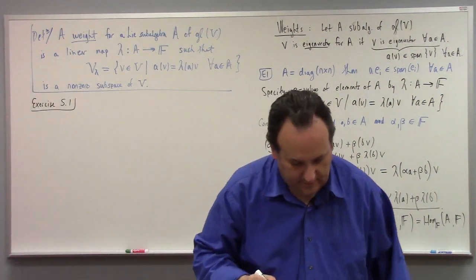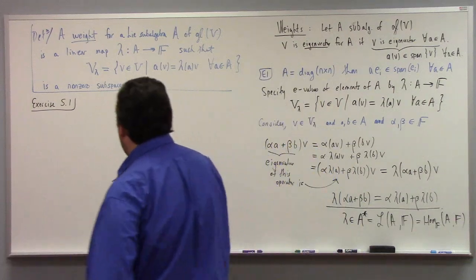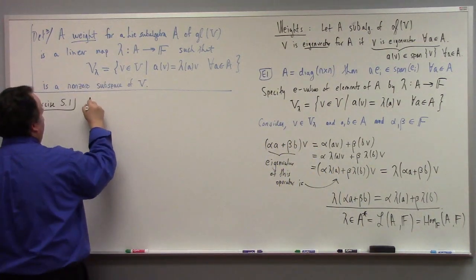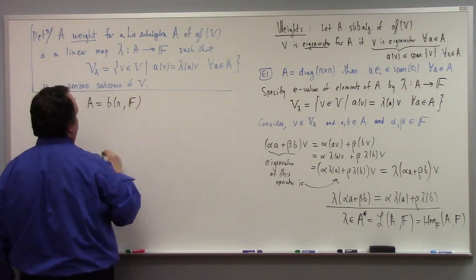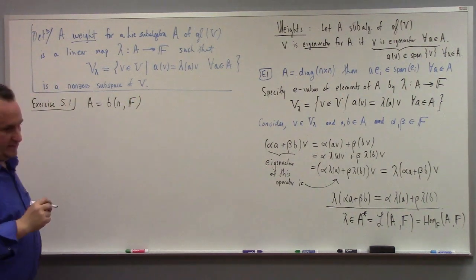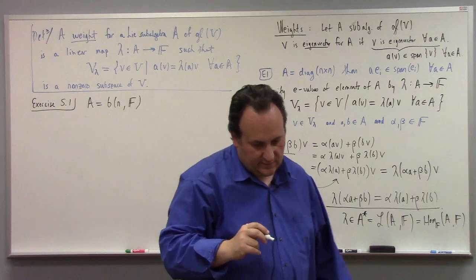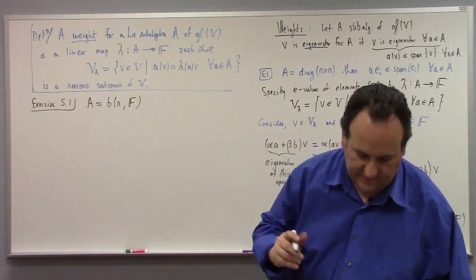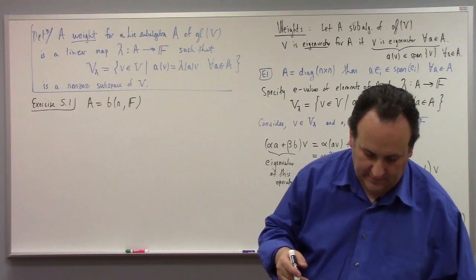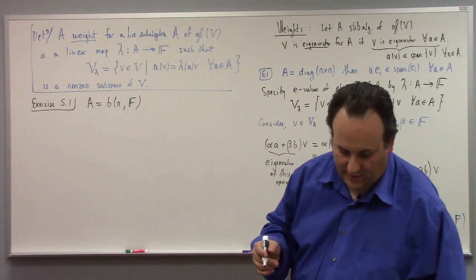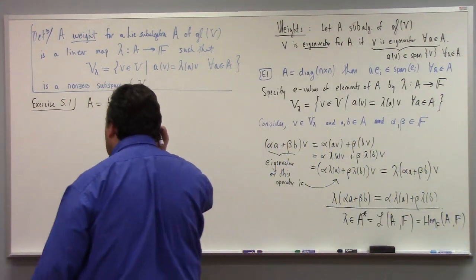We're looking at A equals b(n, F), and let's see, what's he say again? That's the upper triangular matrices. He says show that E1 is an eigenvector for A and find the corresponding weight and determine its weight space.